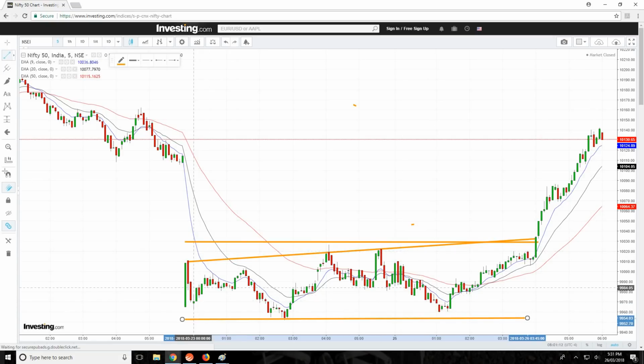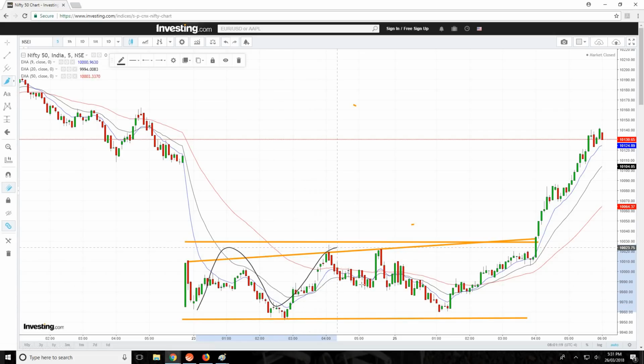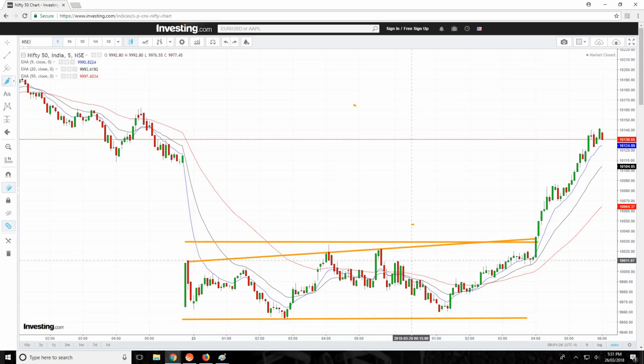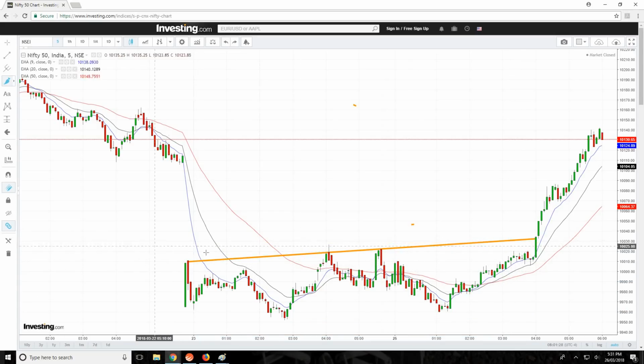Nifty is basically trading in this channel formation, in this range. This gives us an idea as to how Nifty will behave today. Any move above or below this range can give us the direction for the day. But let's see if we can get any possible entries before.